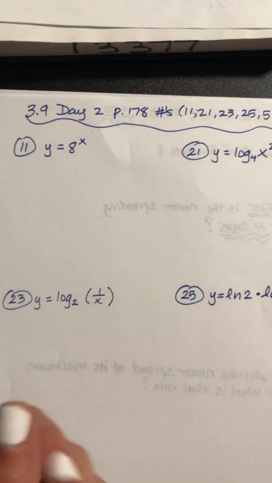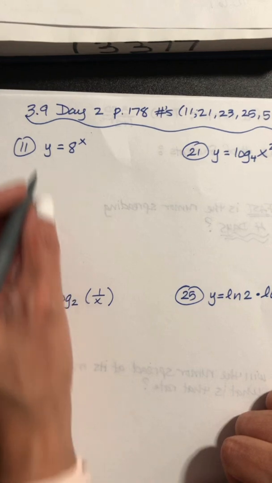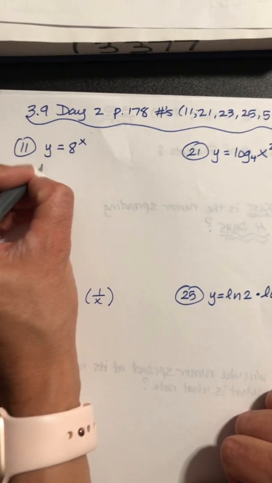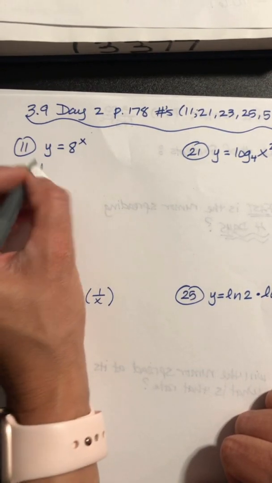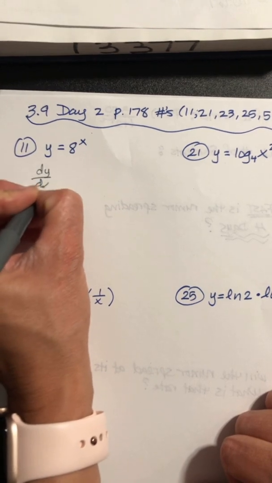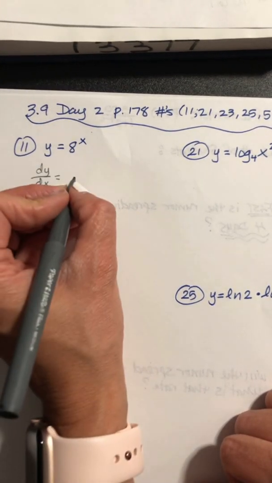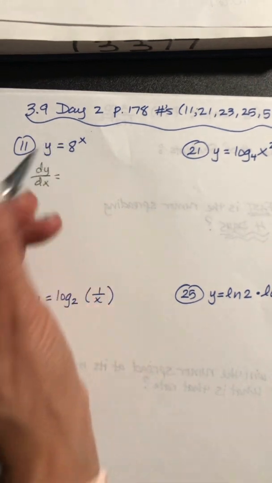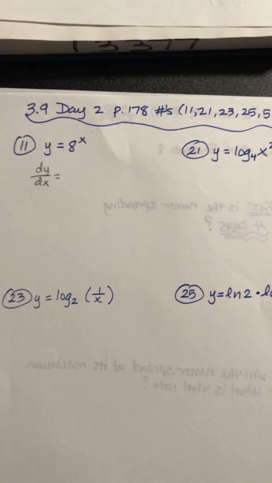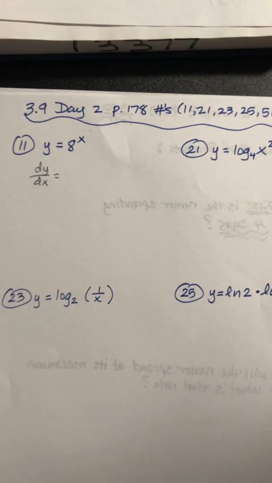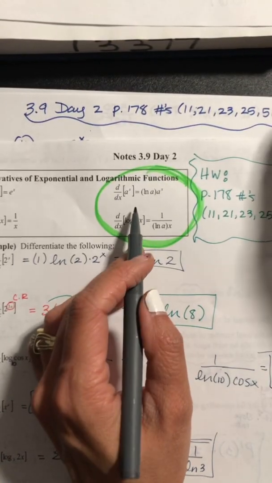All right, y equals 8 to the x, so we need to find dy dx, so that's the same as taking a derivative, right? So the derivative of y is 1, but it's a y, so dy dx, which is the same as y prime. Okay, and when we have 8 to the x, we're using this a to the x rule right here.